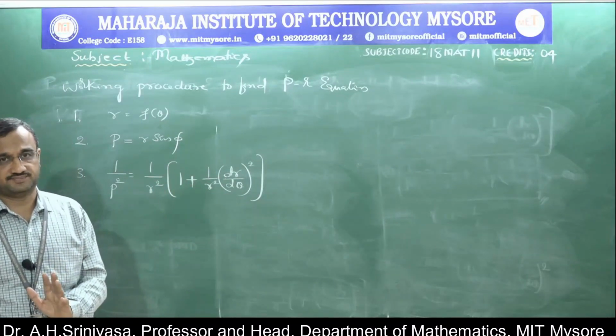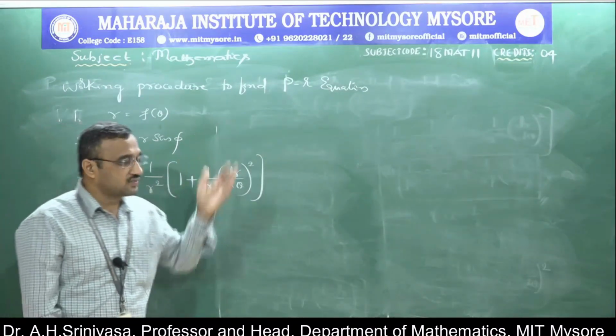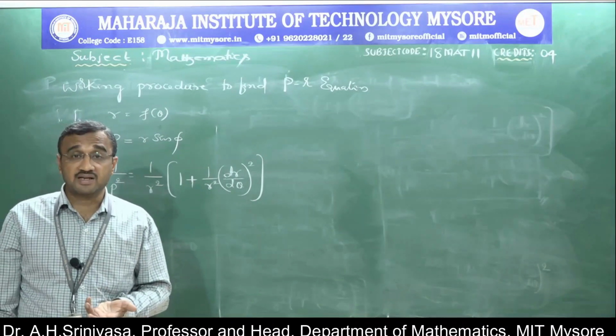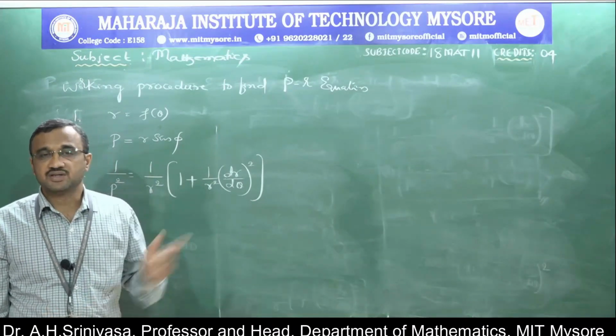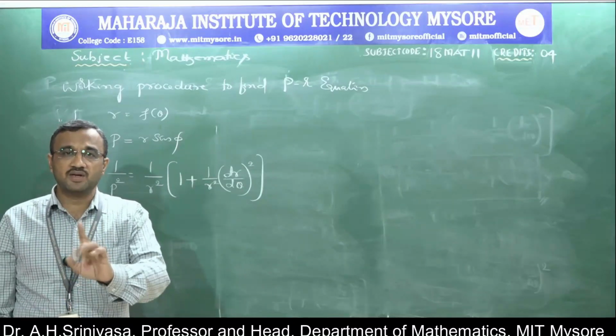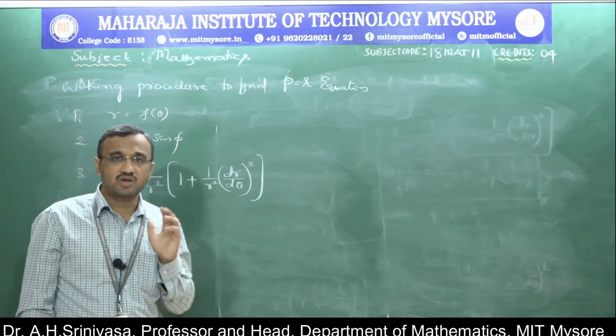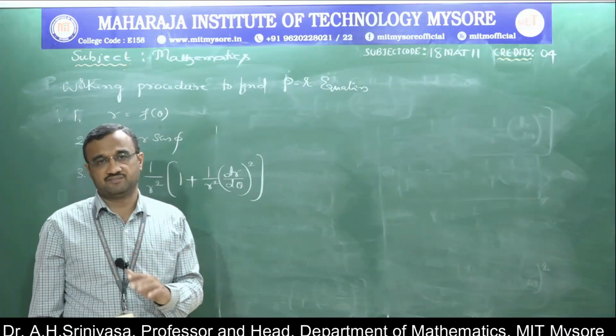This is the main procedure to follow to find the Pedal equation, that is the p-r equation. The equation should contain only p and r. The main thing here is that we eliminate the angle theta.